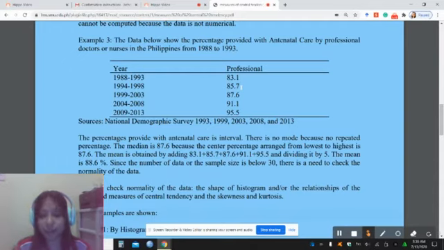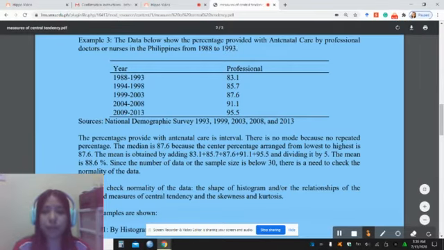But if all the numbers appear twice, or all appear thrice, there's no highest frequency because the frequency of all the data are the same. Then we can say that the mode is multimodal.